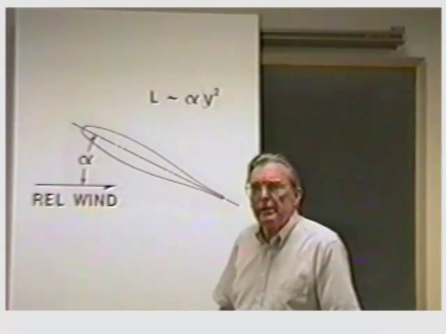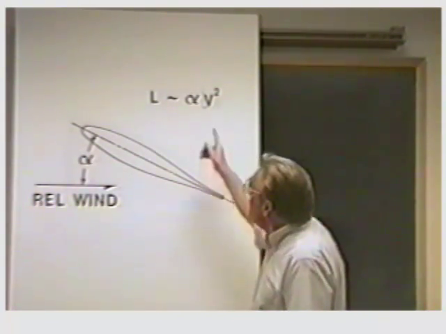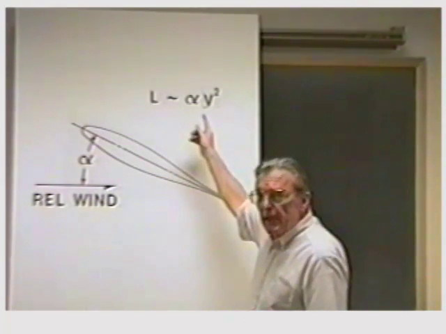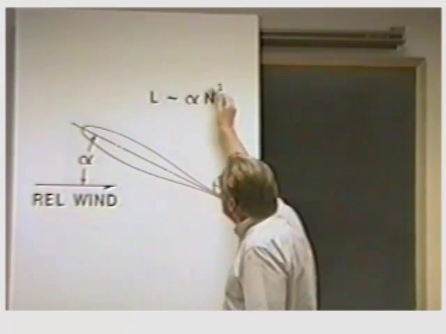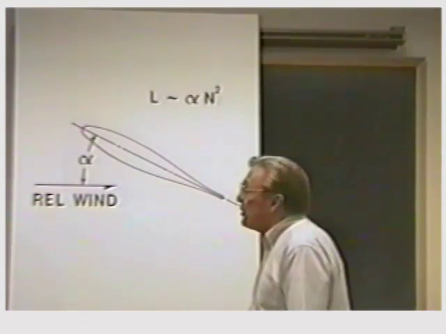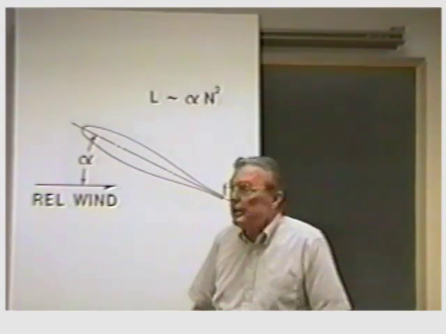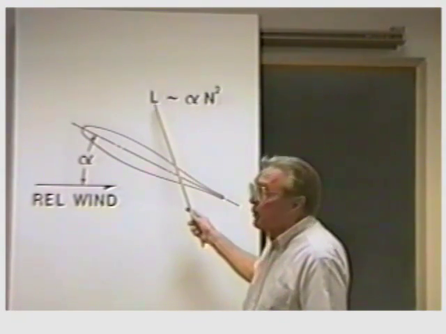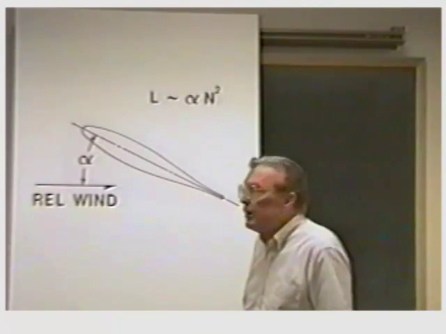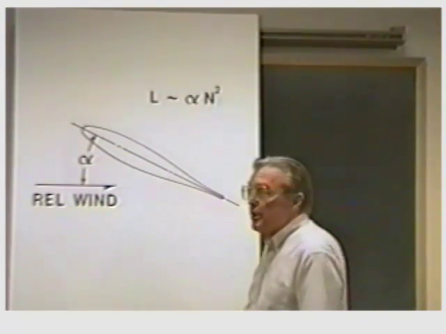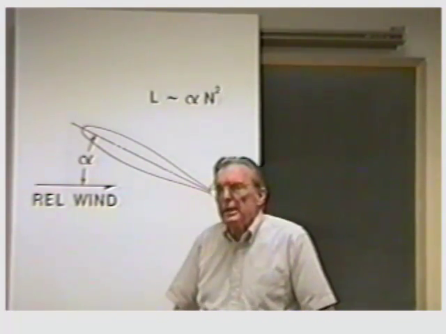There's only one difference. Instead of the lift being related to the forward flight speed of the aircraft, in the case of the helicopter, the lift is related to the RPM of the rotor. And the lift being produced by that rotor is proportional to the angle of attack of those rotor blades multiplied times the square of that RPM.